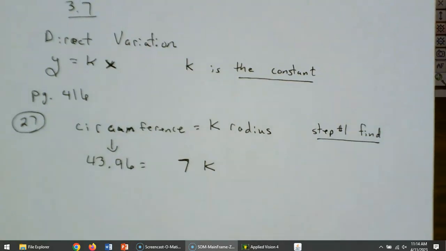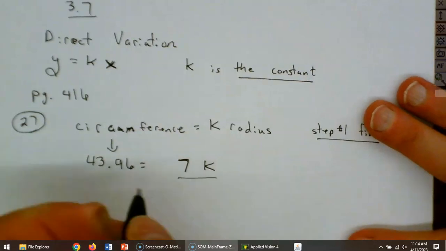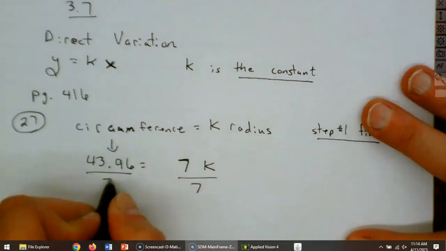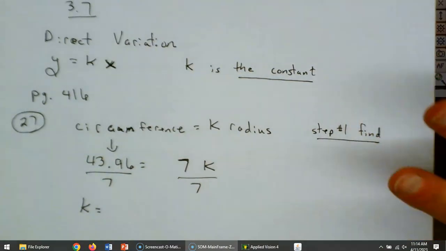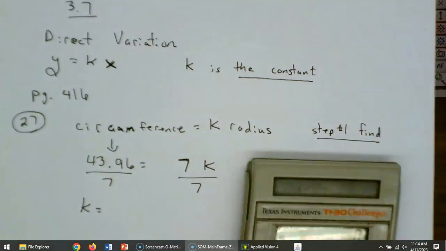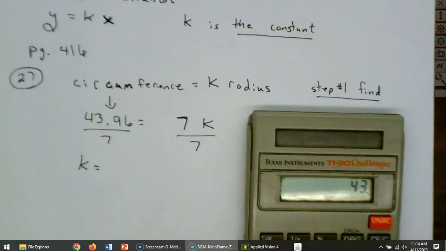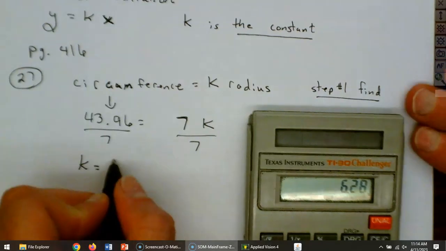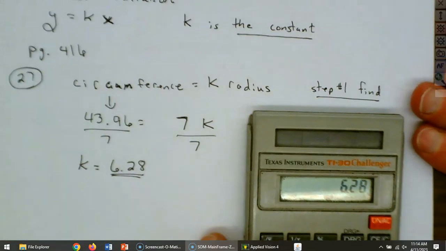So that's going to go there. Now we can divide and we can find our k. So divide by our 7. And then now let's see what we have for our k. So we're just simply going to take that 43.96 and we're going to divide that by our 7. And that gives you 6.28.